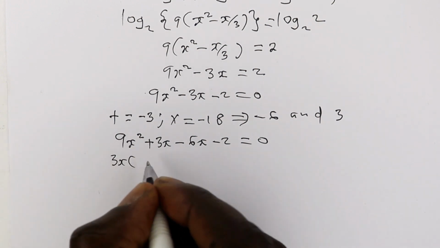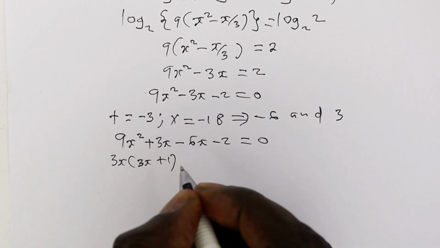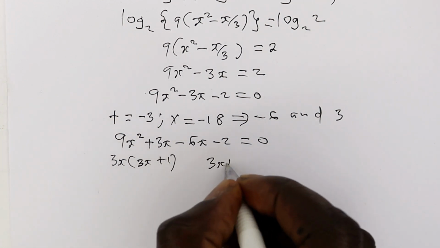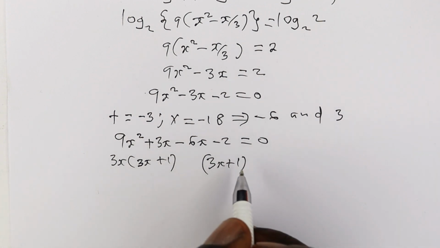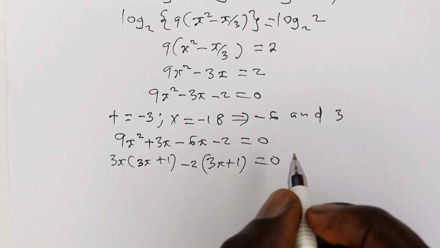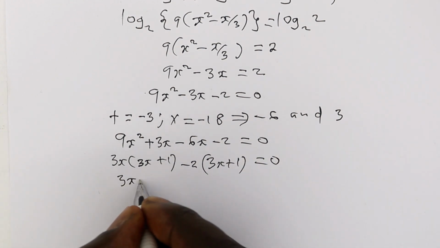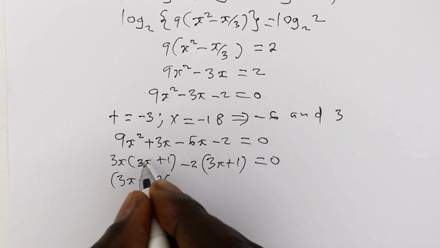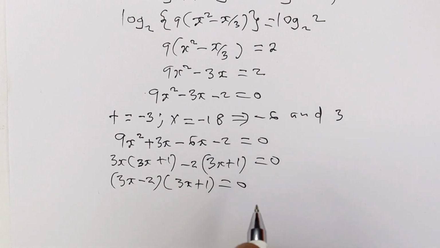We have 3x into (3x plus 1), so you expect 3x plus 1 on this side. And for you to have obtained negative 2, you multiply positive 1 by negative 2. So we have (3x minus 2) times (3x plus 1) is equal to 0.